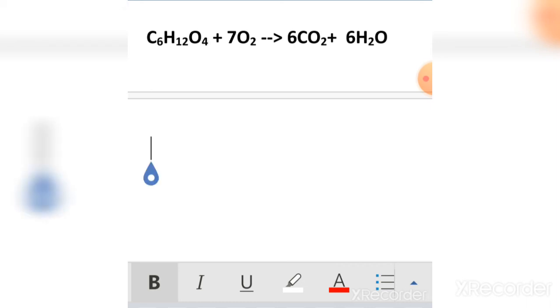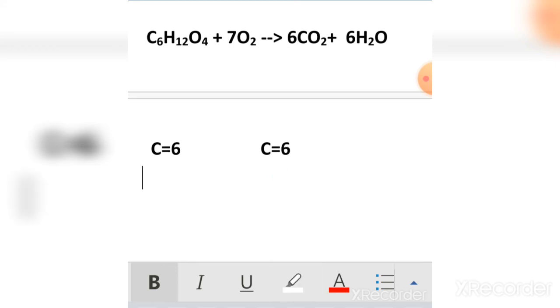So let's try to see. So carbon in the reactants, there are 6 atoms. Then in the products, we have 6. Okay, we have 6.